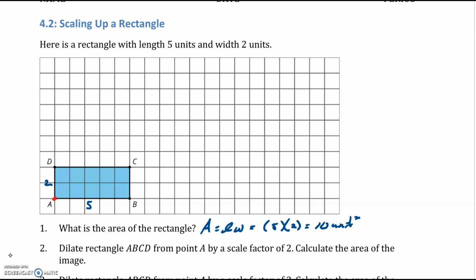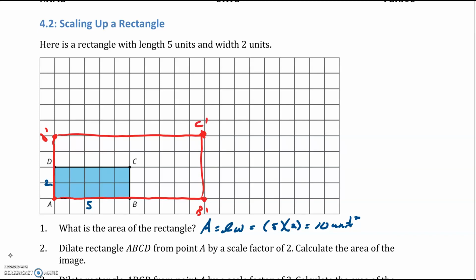So since point D is 2 units away, that means D prime will be 4 units away. And since point B is 5 units away, point B prime will be 10 units away. And the same thing for C prime.